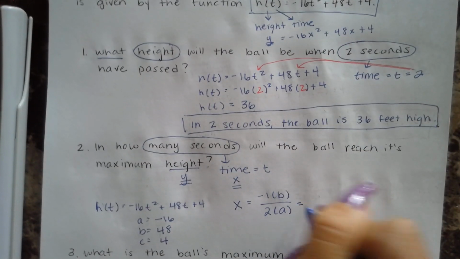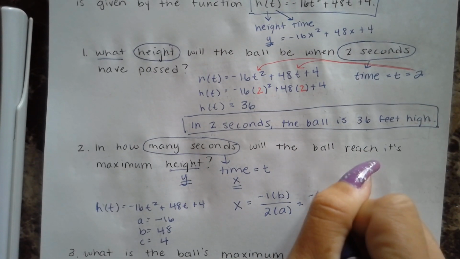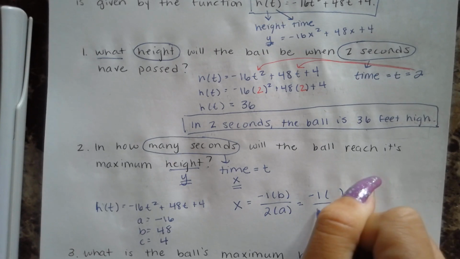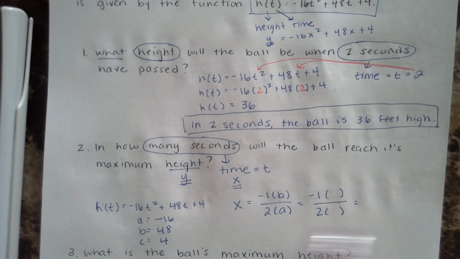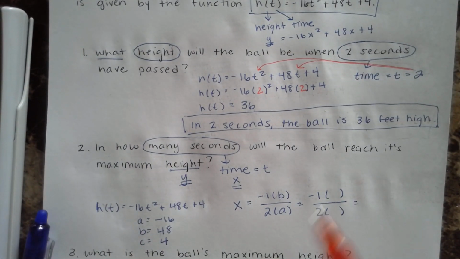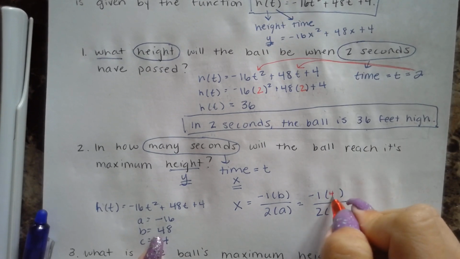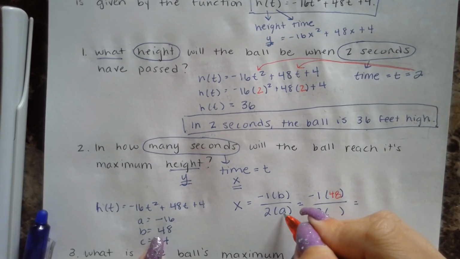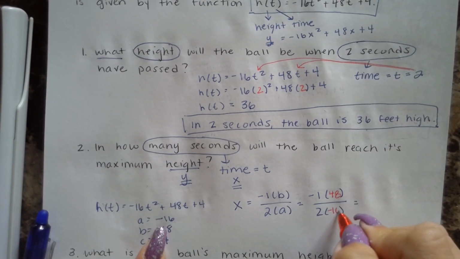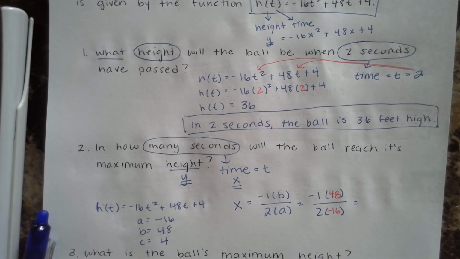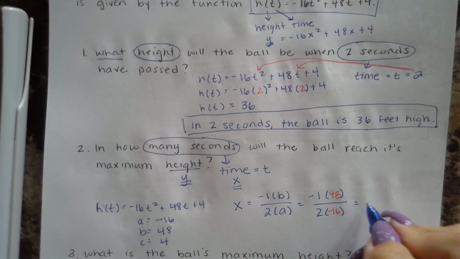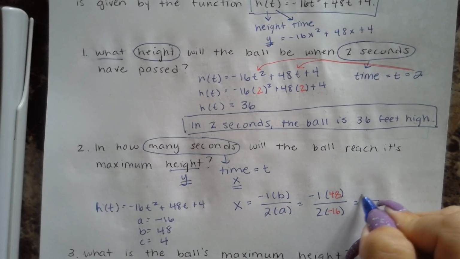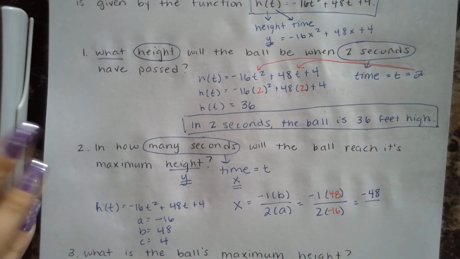So now we're just going to fill it in here. x equals -1 times whatever b is over 2 times whatever a is. And we identified b as 48 and a as -16. So we know that -1 times 48 is -48.